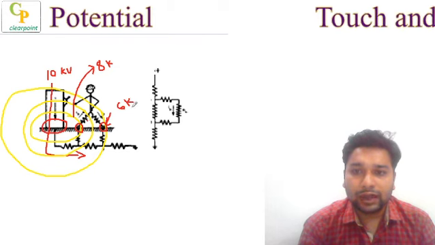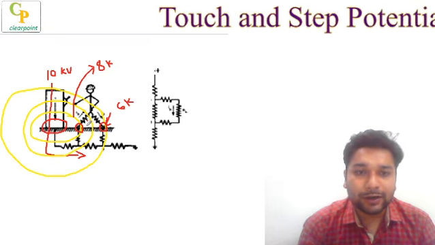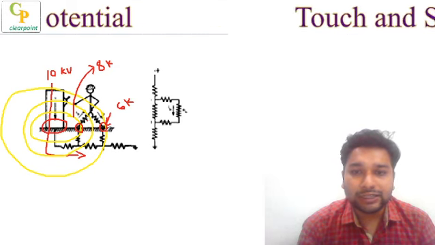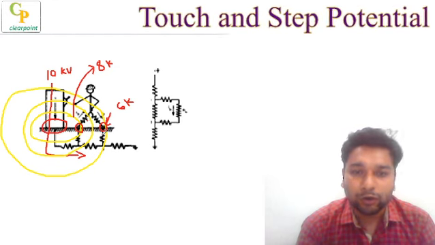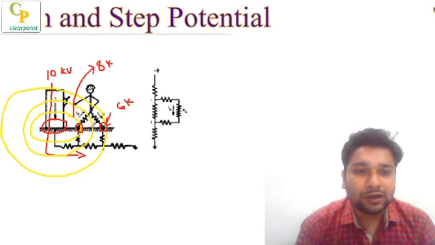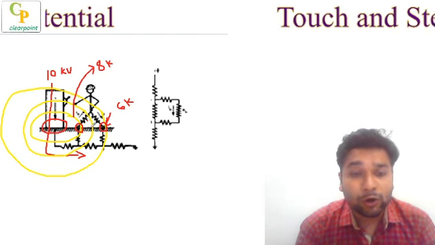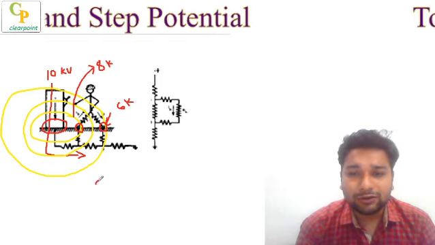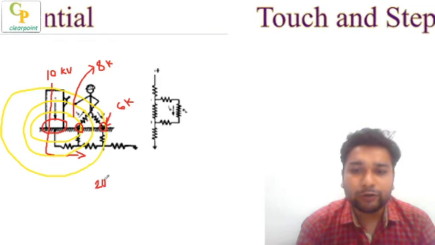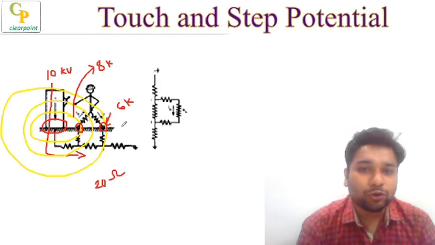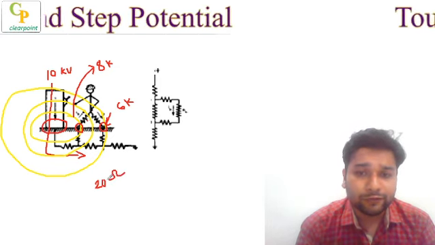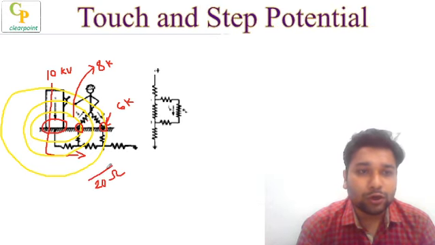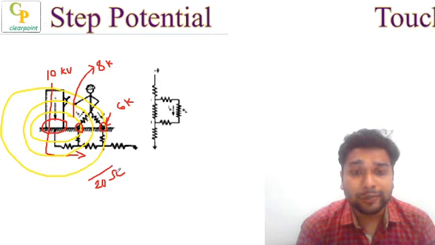So the small resistance offered by the legs will see a higher amount of voltage, like 2 kilovolt. Suppose the resistance offered by your legs is, for example, 20 ohm, and we are having a 2 kilovolt potential difference. So obviously current will be 2 kilovolt by 20 ohms, so it will be in kiloamps.